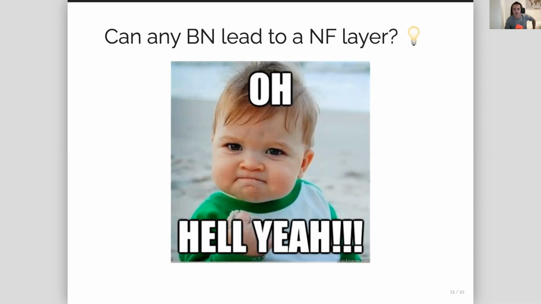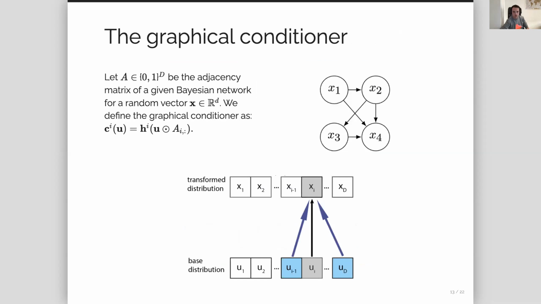So the answer is yes. I would not be talking here if it wasn't, but indeed you can imagine that you may use a flow to model each of the factors defined by the Bayesian network. And so this is what we have done.